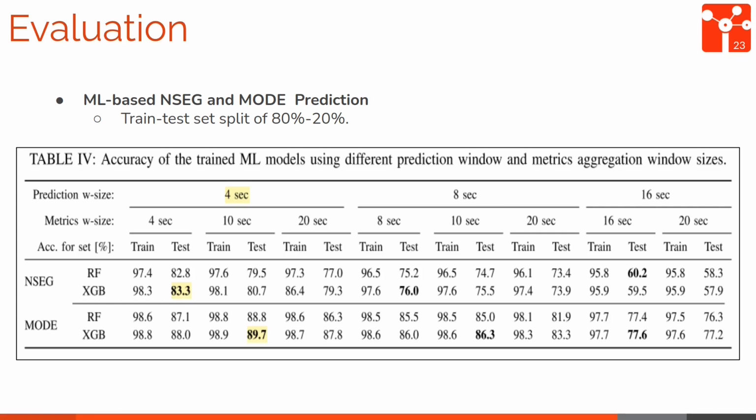Here is one interesting insight in the paper. We can see that when the prediction window size is larger, the overall machine learning accuracy is lower.